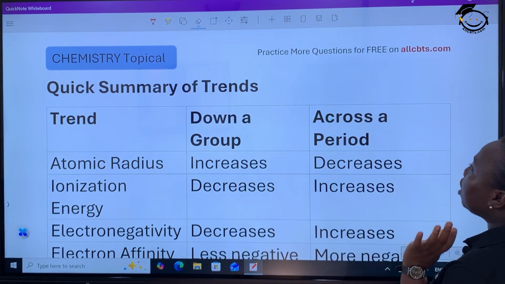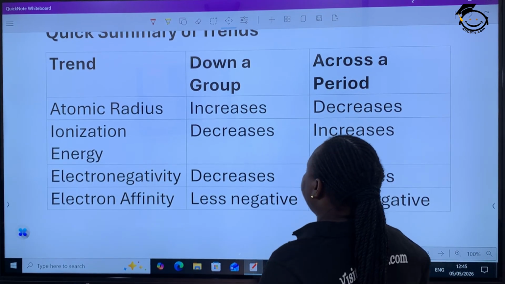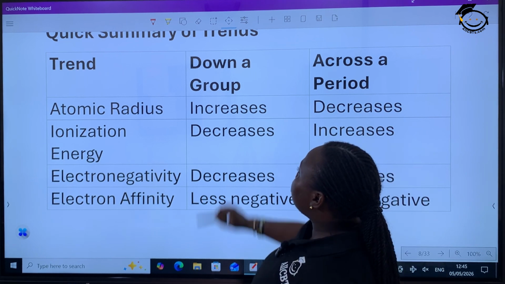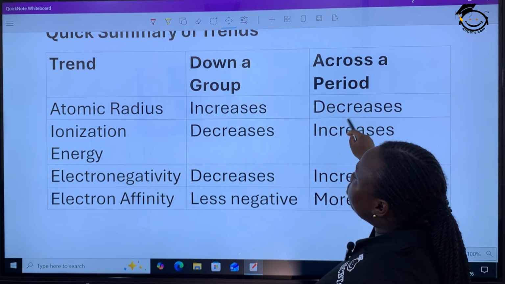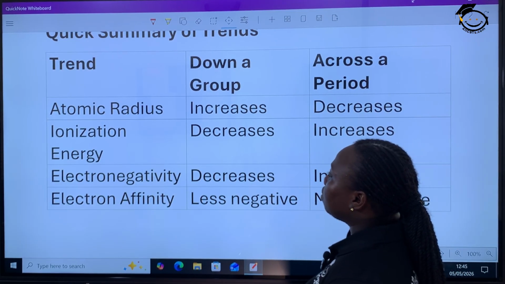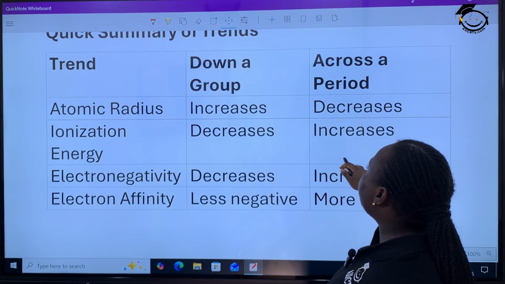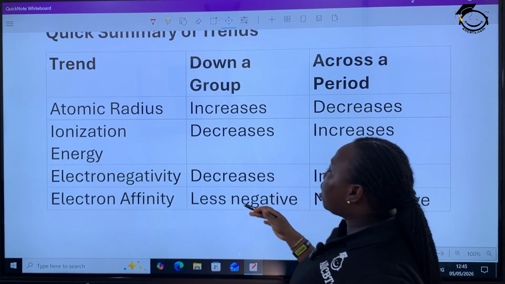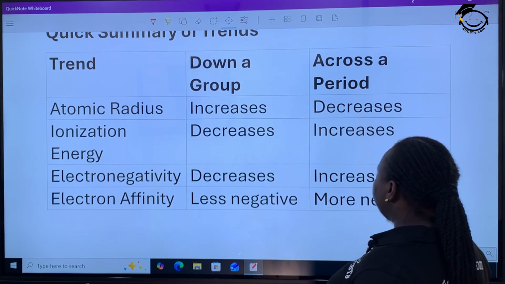Now, a quick summary table for the trends. Atomic radius down the group, it will increase. Across the period, it will decrease. Ionization energy down the group will decrease. Across the period will increase. Electronegativity down the group will decrease, while across the period will increase.